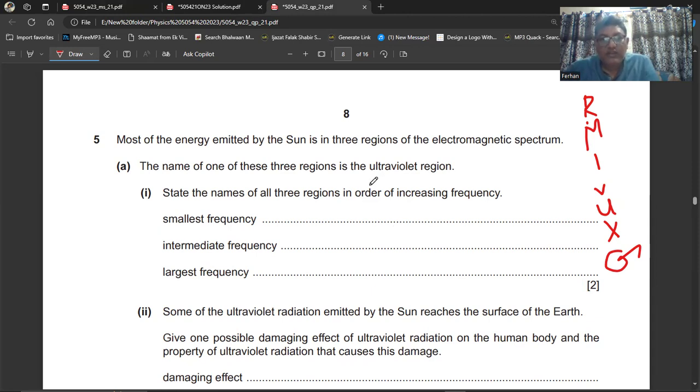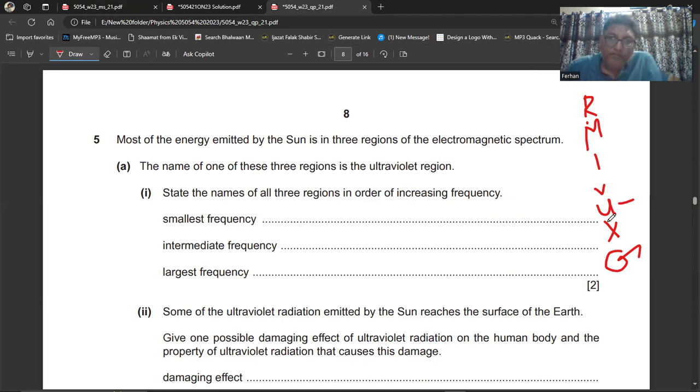Here they have named the ultraviolet. Ultraviolet is this one. So the 3 main radiations which are coming from the sun, they are infrared, visible light, and ultraviolet. As you go in this pattern, this is radio wave, microwaves, infrared, visible light, ultraviolet, X-rays, gamma rays. Ronald McDonald is very ugly except Gary.